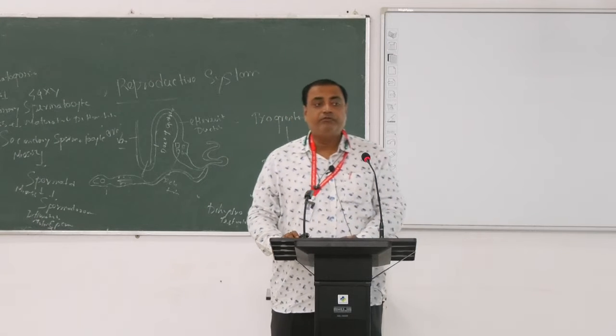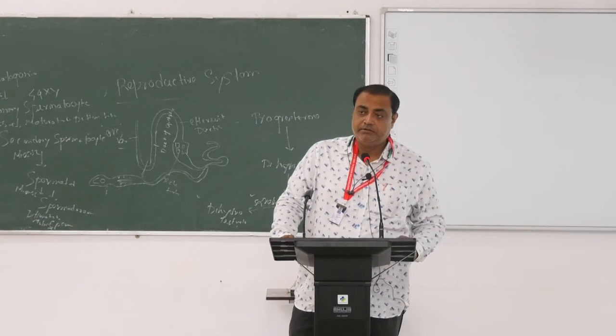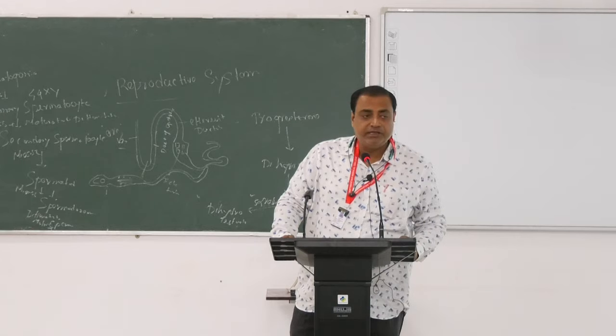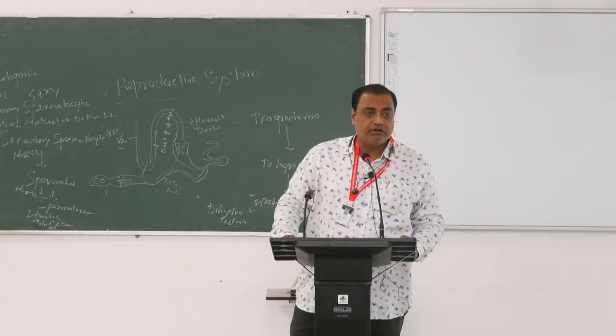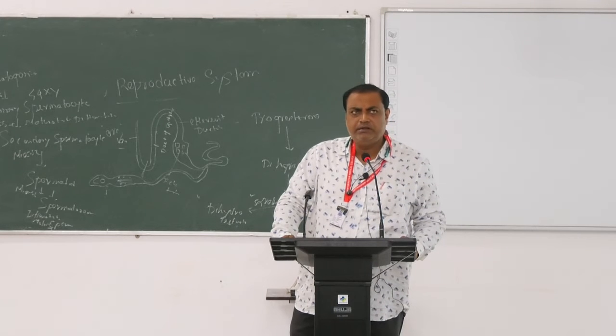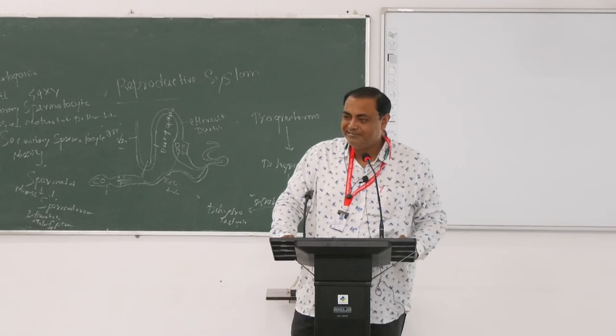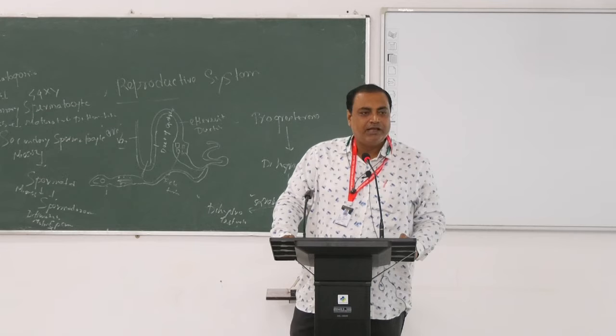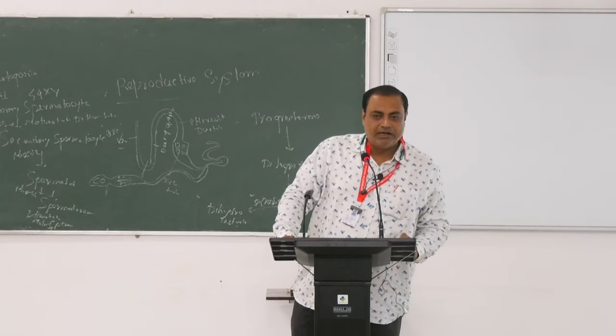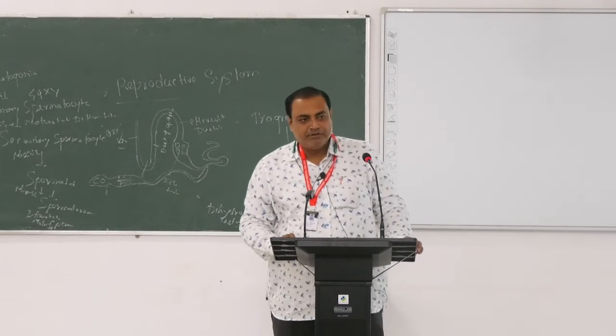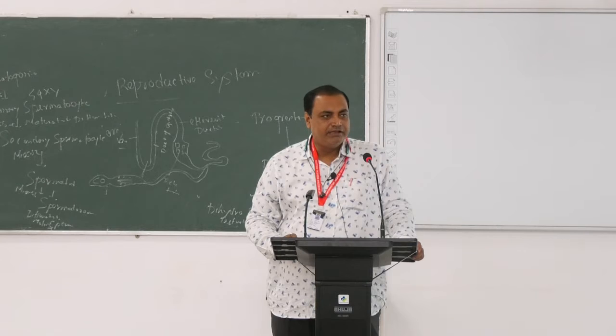green fluorescence protein. What is GFP? GFP is something for which the discoverer got the Nobel Prize after 25 or 27 years of the discovery. The Nobel Prize has a notion that unless it shows some effect on mankind or society, it would not be given.